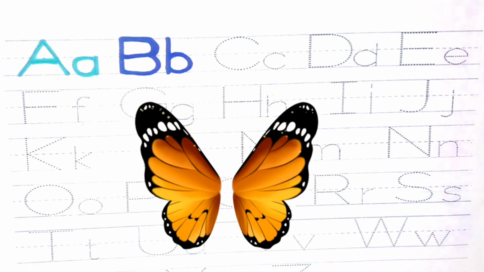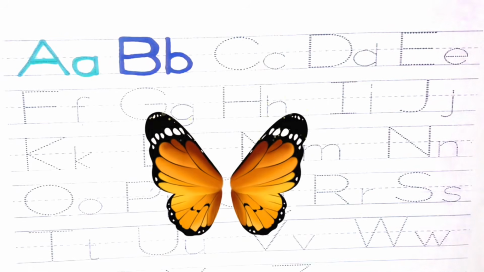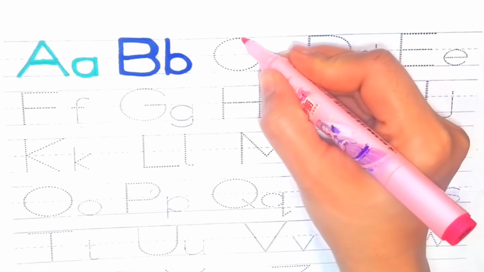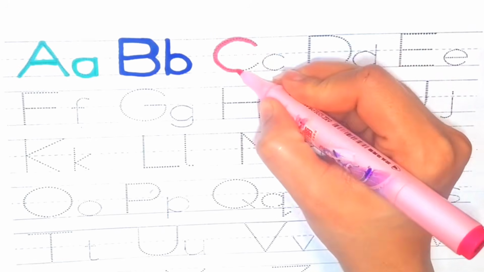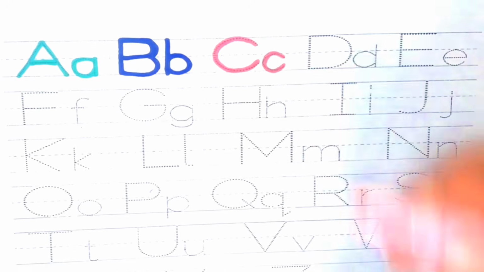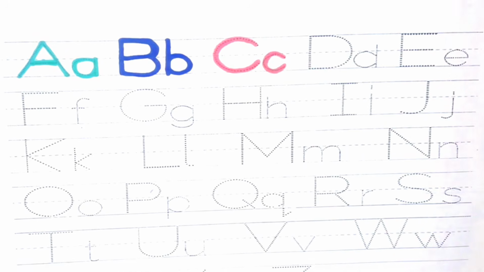B for butterfly. Capital C, small c. C for cat.